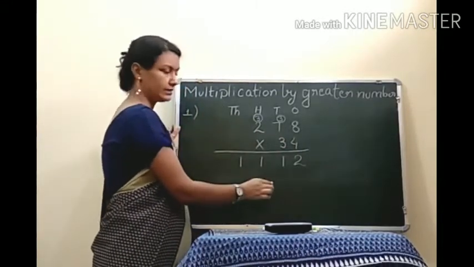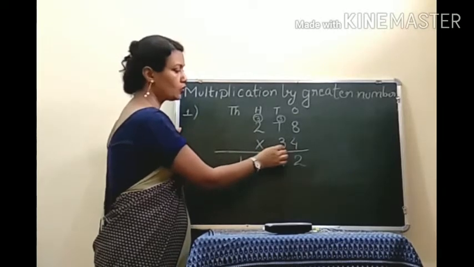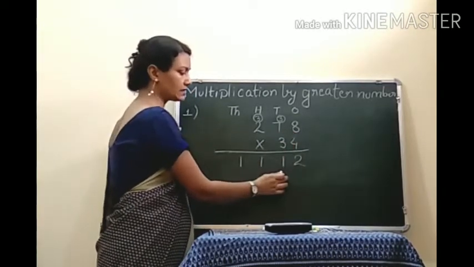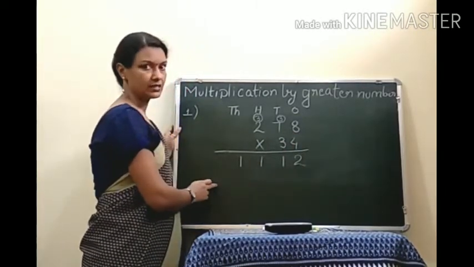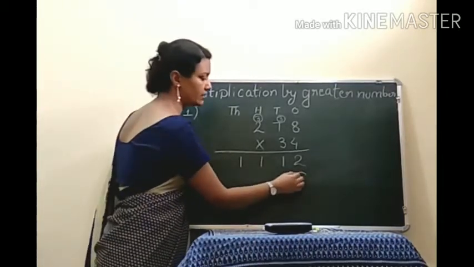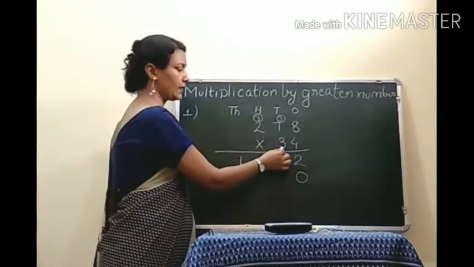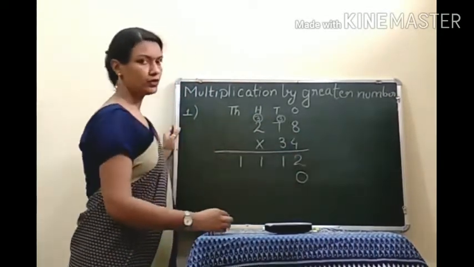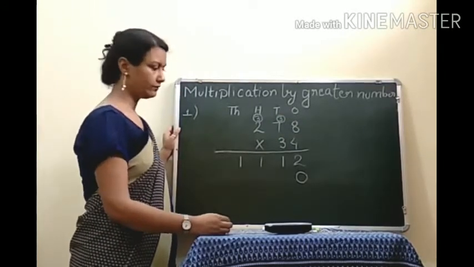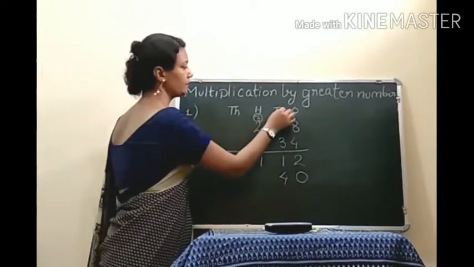Now, as I told you, we will multiply 3 with all the digits. Before that, children, 3 is at the tens place. So when we multiply 3, we will start writing from the tens place, not from the ones place. So in the ones place, we will write 0. Now 3 into 8 is 24. So we will write 4 here and carry 2.